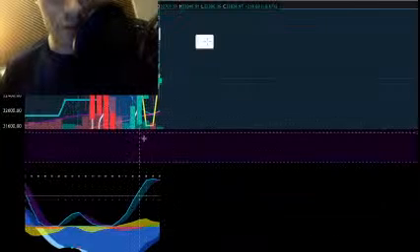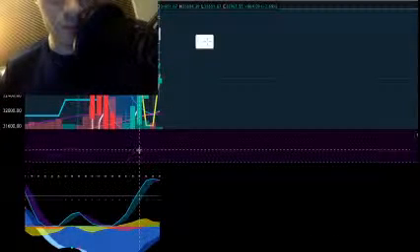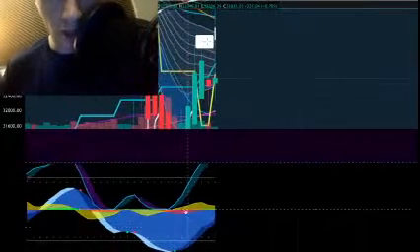Let's see. Yeah, I'm looking for divergence. Alright. So I like this a lot, but I want to see more of a clip on the blue wave.